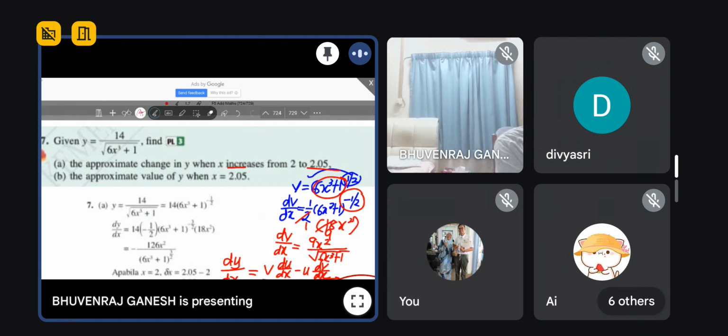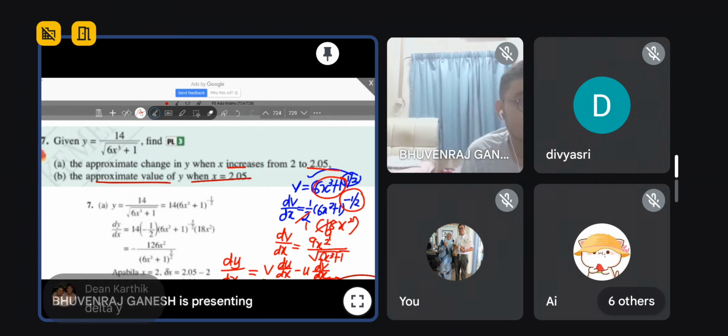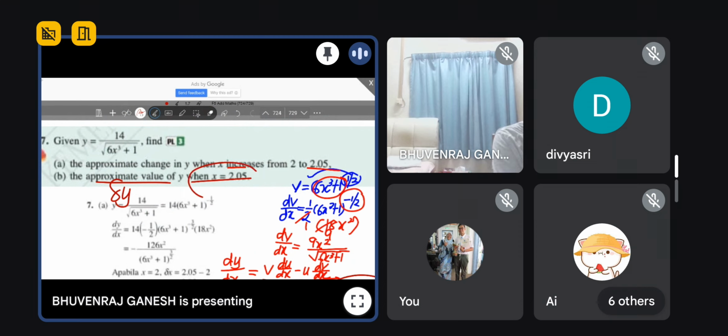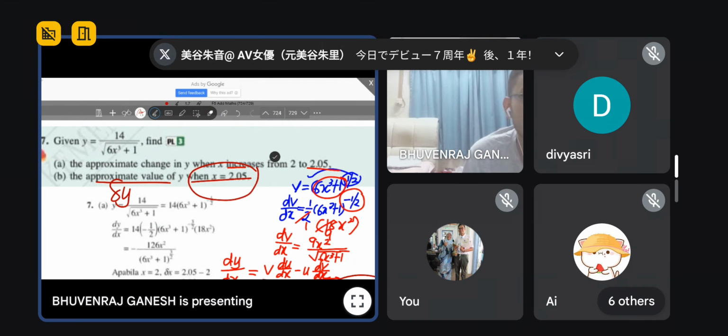Okay, so next part. They want you to find the approximate value of y. So approximate value of y. What is the symbol that we need to find? Okay, correct. We must find delta y. So this one, they already tell you that x is 2.05. So this is a bit different actually.